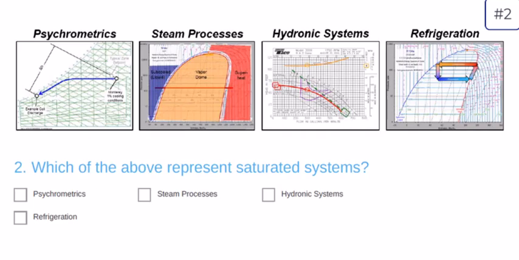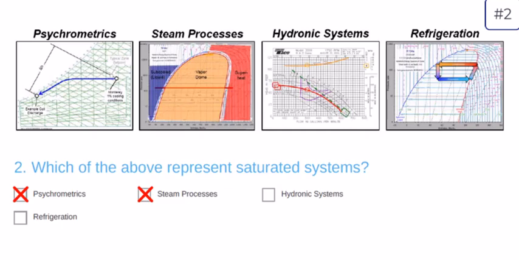Well, the first one, certainly when we talk about psychrometrics or the psych chart, there is a saturated line and saturated conditions that we need to consider in those processes as we cool or heat air. Second one, steam processes, absolutely. We have a vapor dome that represents that transition from liquid to superheated vapor.